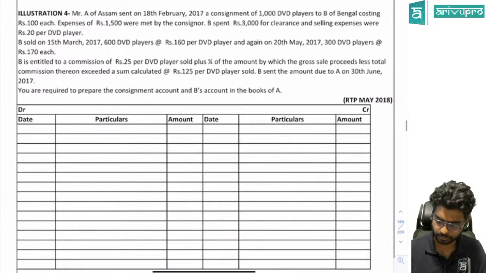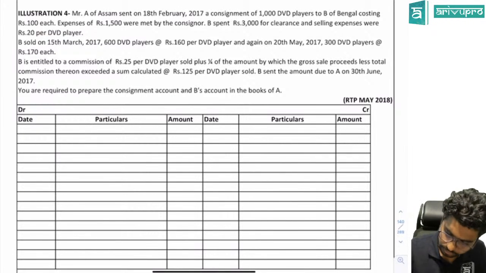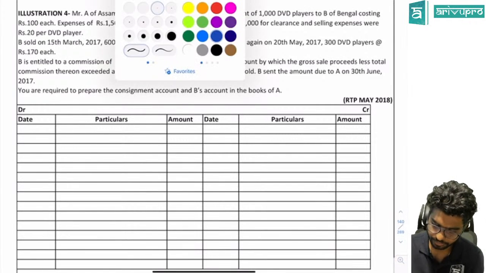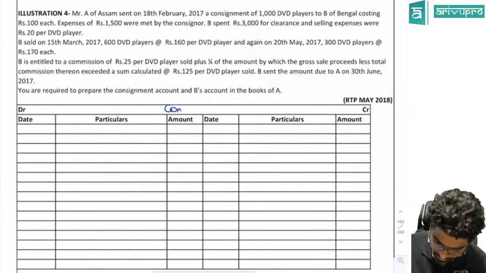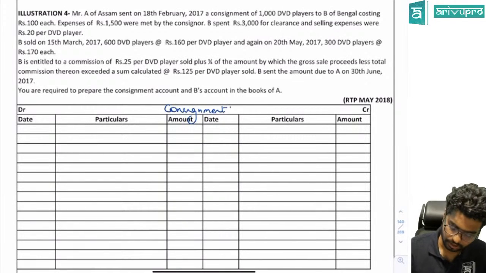Guys, this question. I'll do it a little faster so that you just run through it. Shall I start? In the consignment account, I'll do both things parallelly, so everyone look into it.